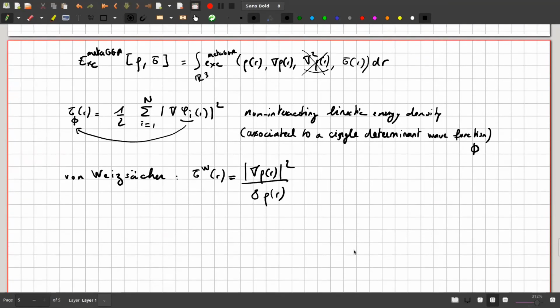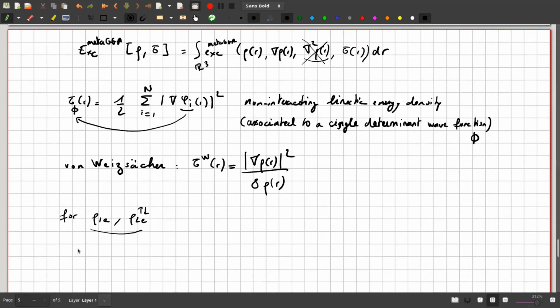It turns out that if you consider one-electron densities or two-electron densities in a single spatial orbital, that is, regions of space or systems that contain only one occupied orbital, then you can show that the exact non-interacting kinetic energy is exactly equal to this tau von Weizsäcker.